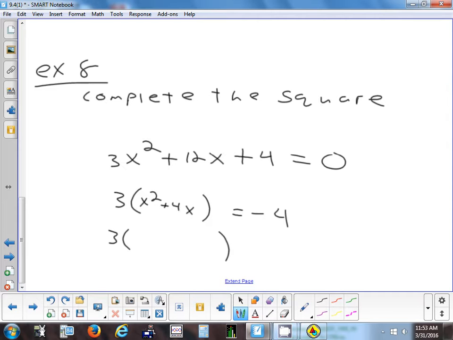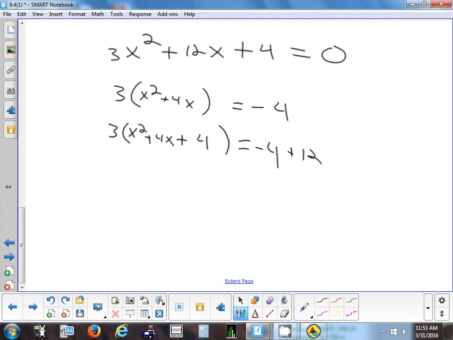And what's the magic number I'm going to add? 4. And what about on the right? 12. That's the important thing I want you to see. Okay? And now you just finish it up. Okay, that's not a parabola problem because it doesn't have an x and a y. It's just to complete the square. Okay?